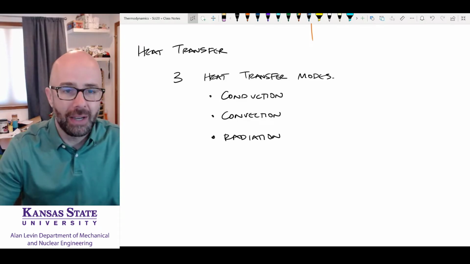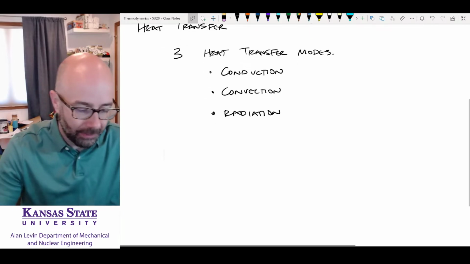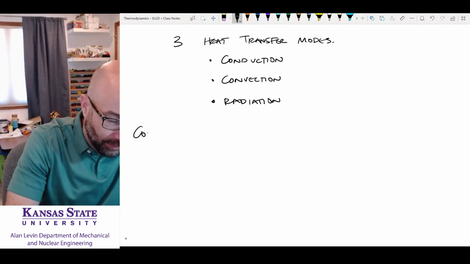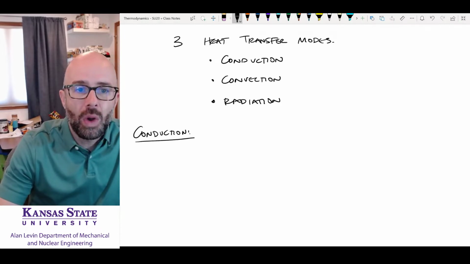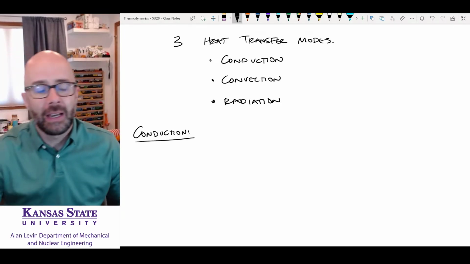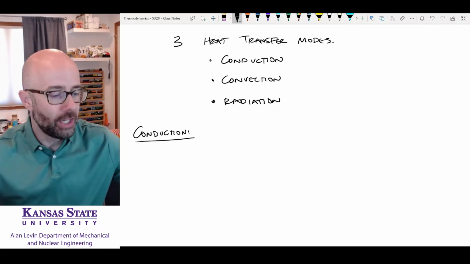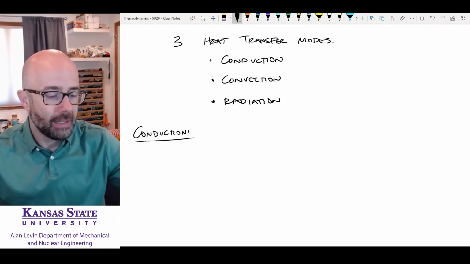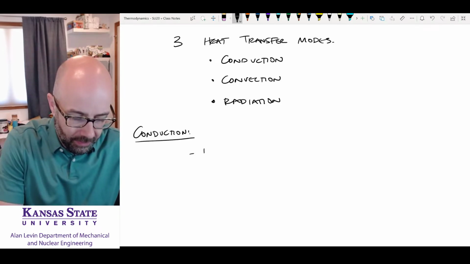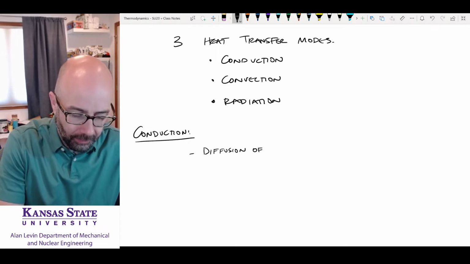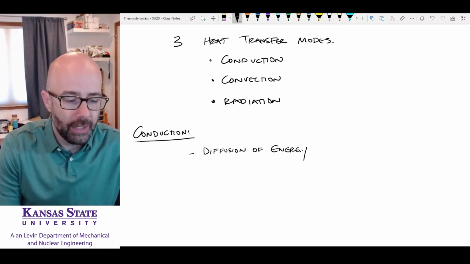So first, let's talk about conduction. This equation that I'm going to talk to you about was developed via observation. What it is, is a diffusion of energy.